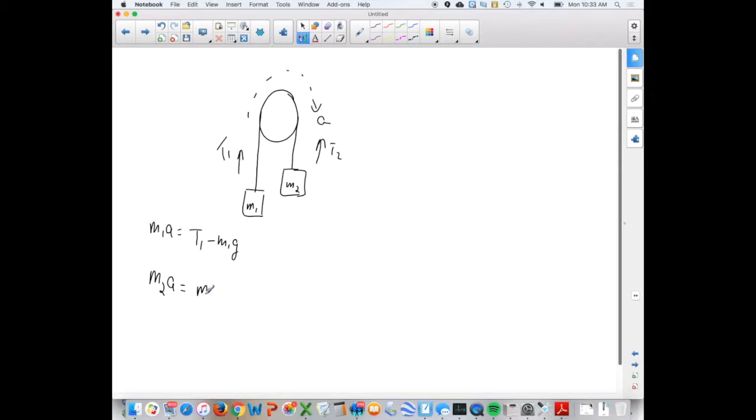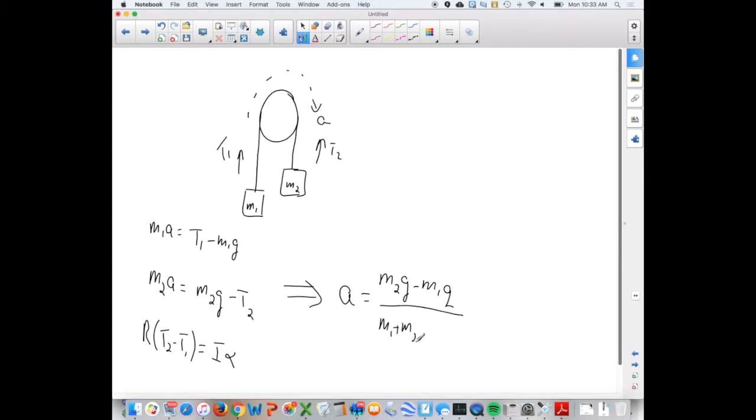M2A is going to be M2G minus T2, and then R times, in this case, I've got to be careful, I've got a T2 minus T1 is equal to I alpha. And again, I can solve this whole thing out just like I've done before. You should convince yourself that the solution is going to be of the form A is equal to M2G minus M1G over (M1 plus M2 plus I over R squared).